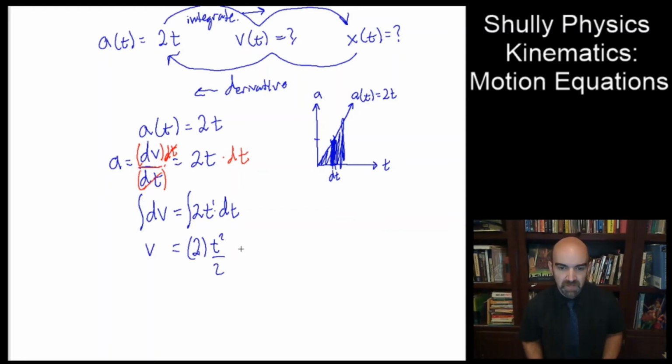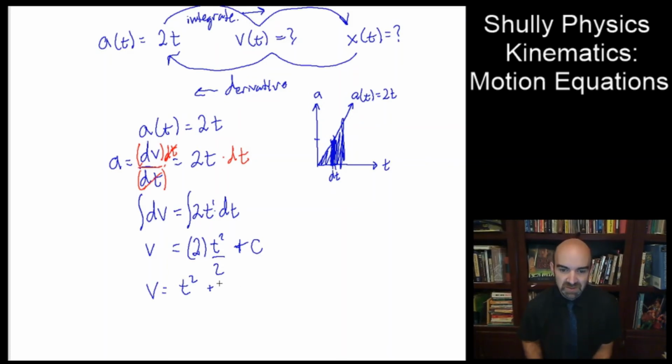All right, so out of this, we can't forget something here. There's a constant we can't forget about. This is an indefinite integral. So out of this expression, we're going to get 2 divided by 2 times t squared. If the left side of the expression is some velocity at a certain time, it's really a v of t function, it would be t squared plus c. c has to be the initial condition that has the same units as v.